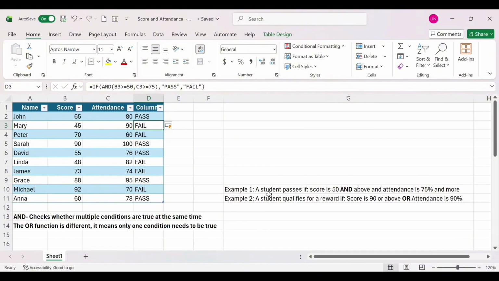Now, this is the example here. A student qualifies for a reward if score is 90 or above, or attendance is 100%.